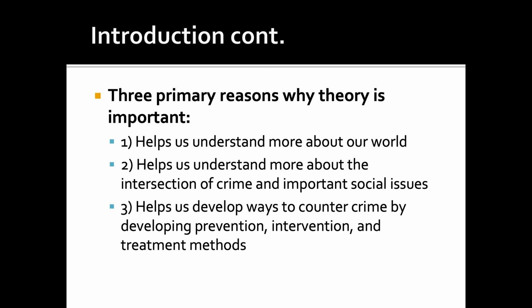And again, having a theory, especially something like from the critical perspective, which we'll talk about later on in the semester, is going to help us understand more about why certain people commit perhaps more crime than others, or why things might be categorized as a crime. For example, the critical perspective of criminology looks at crime from the standpoint of the haves and the have-nots.